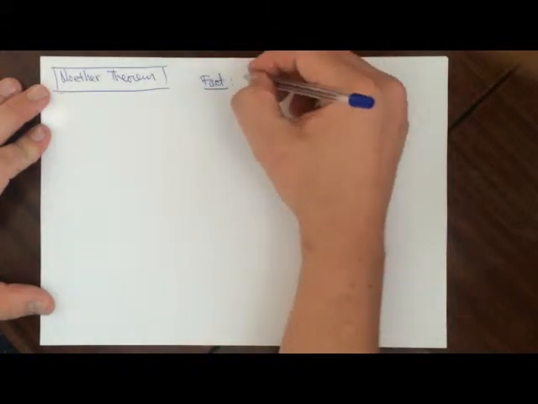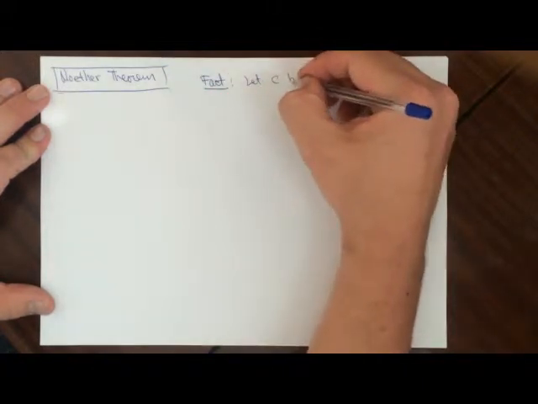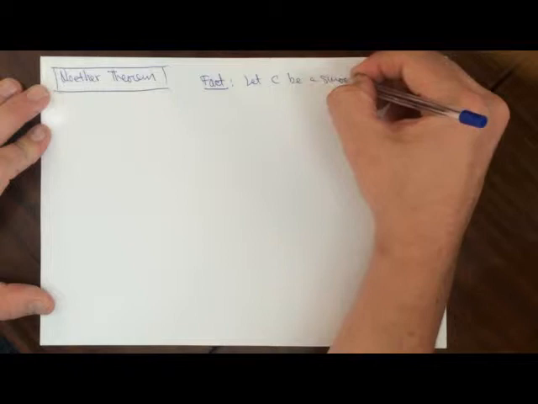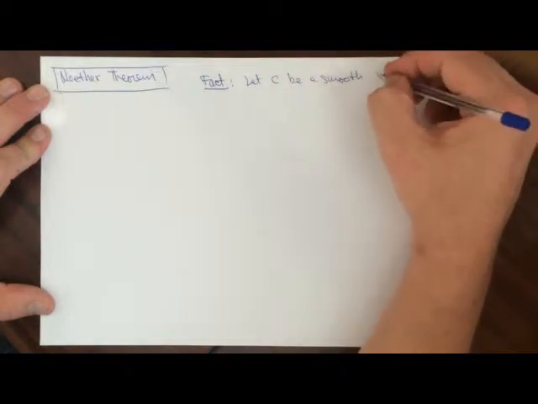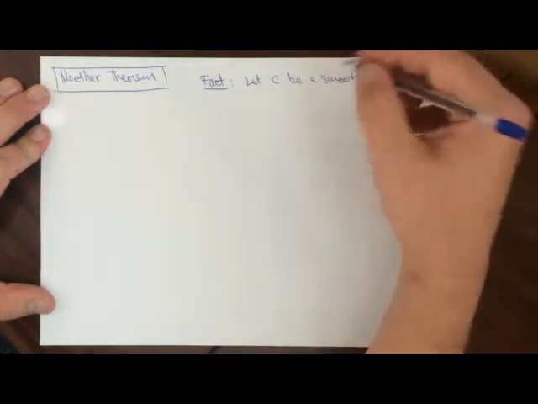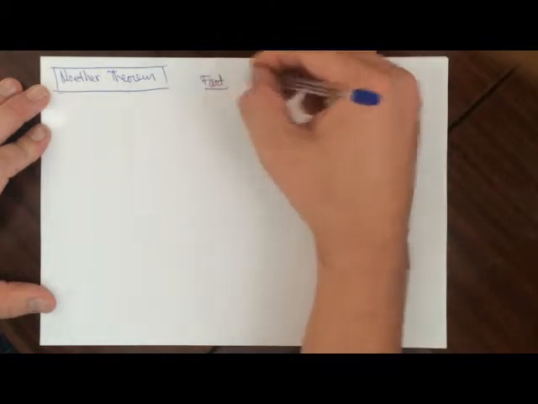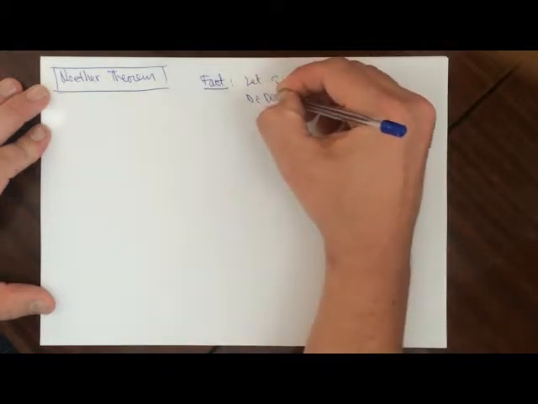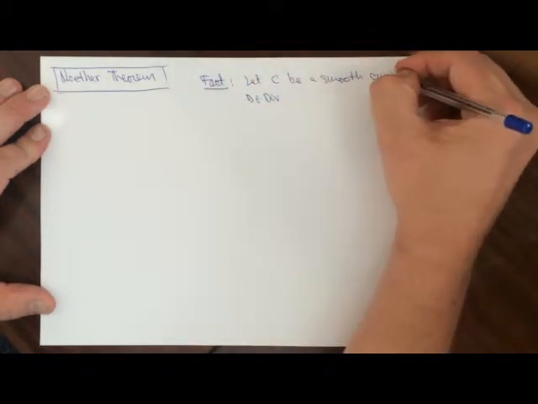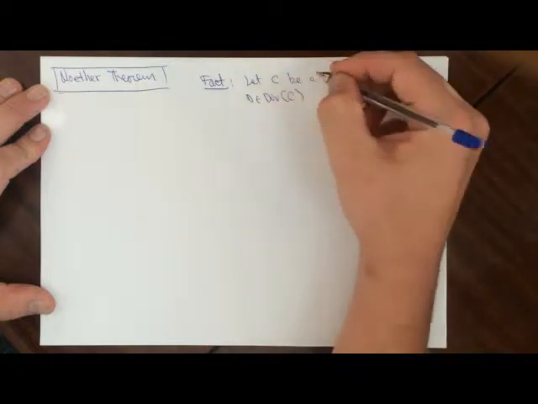Okay, so let C be a smooth curve. This is going to be over an algebraically closed field of characteristic 0 for this talk. So D is going to be a divisor on the curve here.